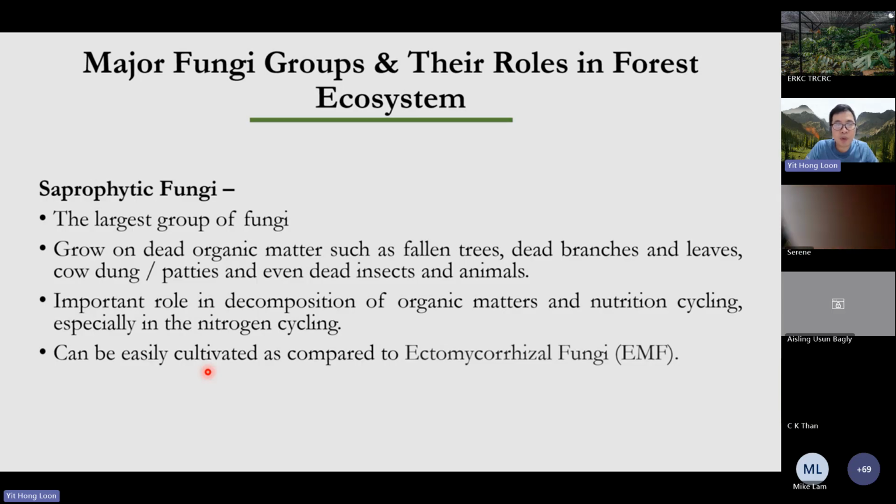You just spread the spore or the mycelium or the tissue culture, then you can grow this mushroom in the lab or at home. So the famous cultivated saprophytic mushrooms are those like oyster mushroom, lion's mane, or the shiitake. All those are cultivated mushrooms from the farm because they can be grown in-house. Okay.